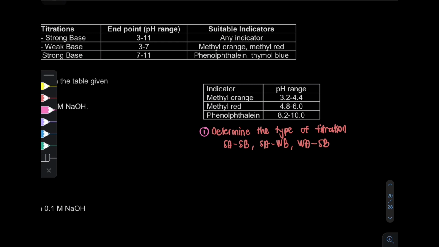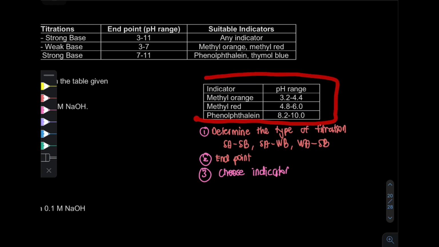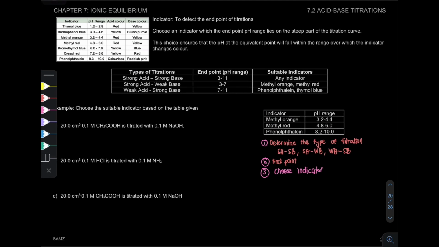Okay, so second one is that, once you know this one, kita akan tahu the endpoint. So bila kita dah tahu endpoint, so endpoint is based on the type of titration, barulah last kali kita boleh choose the indicator. So bukan satu je indicator boleh jadi. Tengoklah, kalau ada dua, kalau ada tiga. Look based on the question. So nanti Miss akan bagi Google Form juga based for the question of indicator dengan a bit of titration curve.